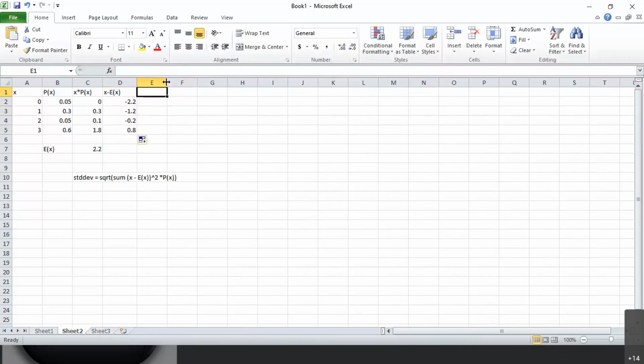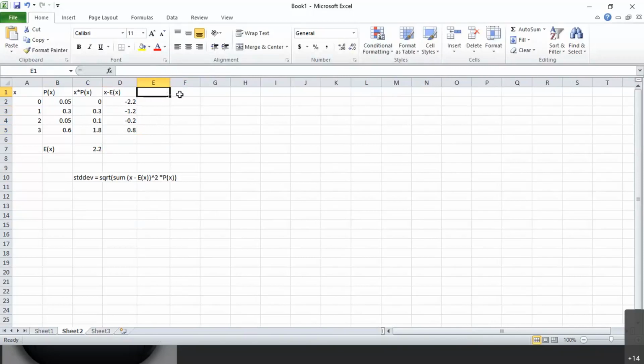The next step is to take this difference and square it. So here I have to basically take this and put it in parentheses.